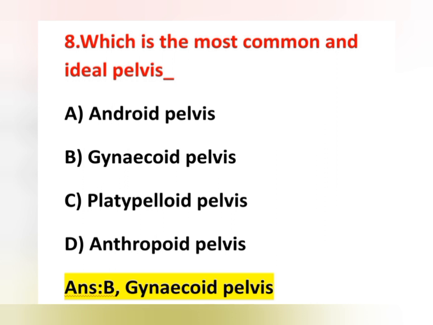The most favorable pelvis for childbirth is the gynecoid pelvis. There are four types of pelvis: gynecoid, about 50%, then android, anthropoid, and platypoid or flat pelvis. Among these, the gynecoid pelvis is the most favorable for childbirth.